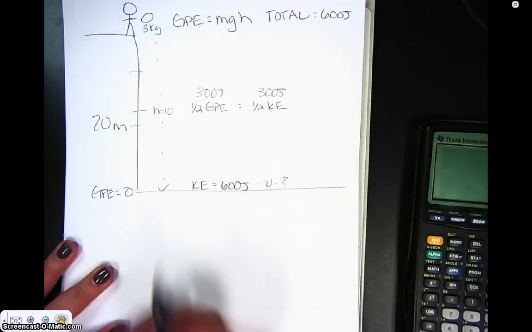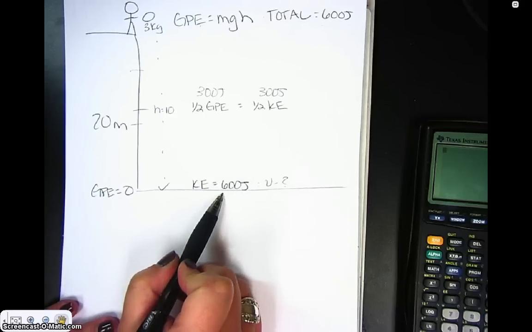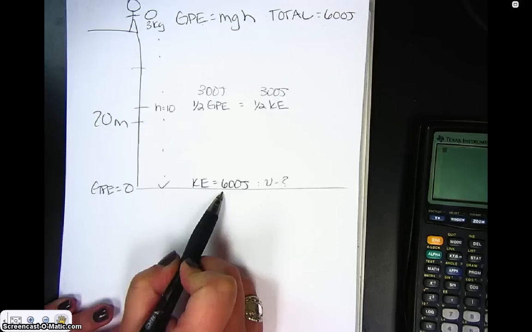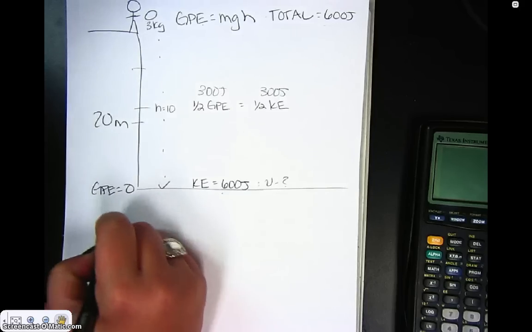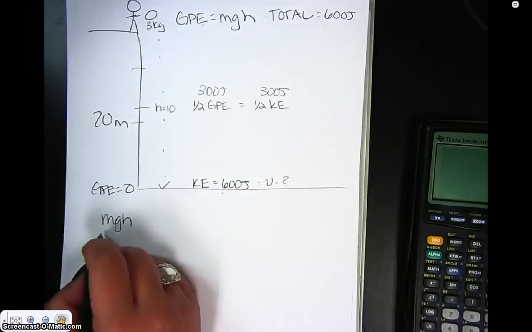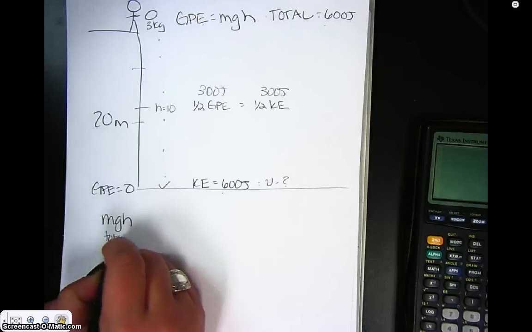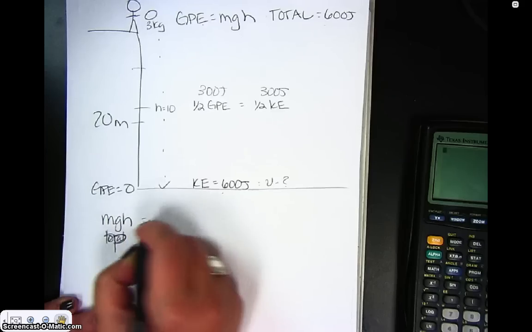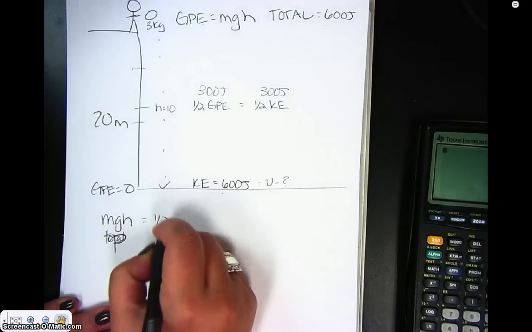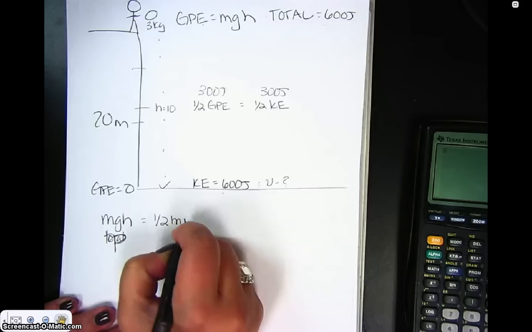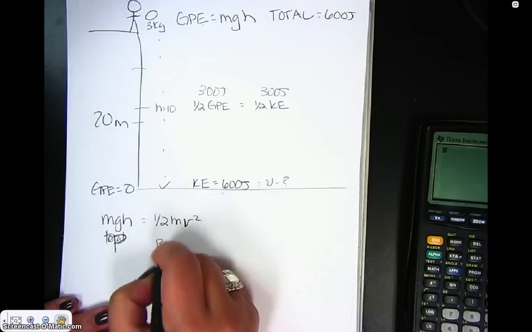Right, that's my question. Well, I already know kinetic energy is 600 joules, but let's set it up using conservation of energy. So what I would say is that the gravitational potential energy at the top has got to be equal to the kinetic energy at the bottom, right?